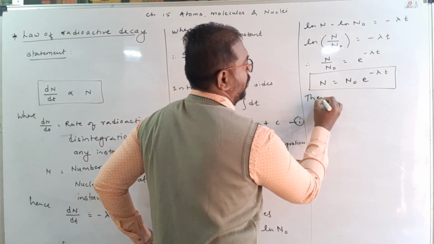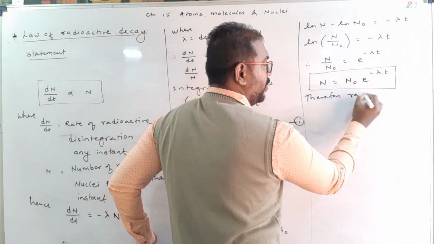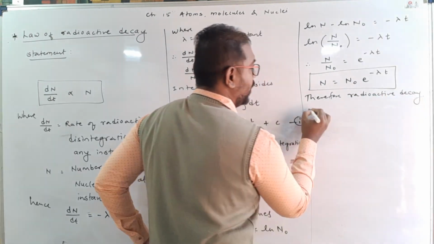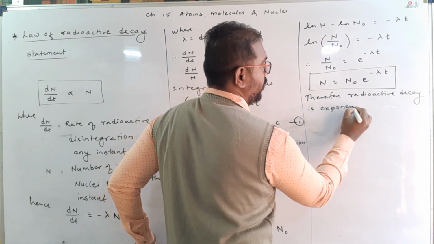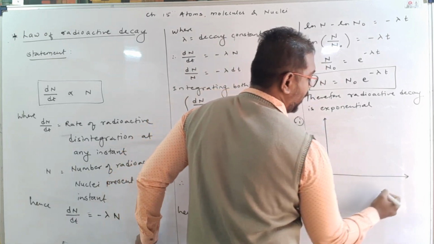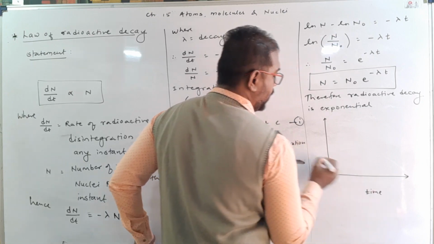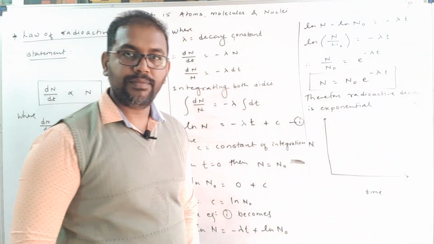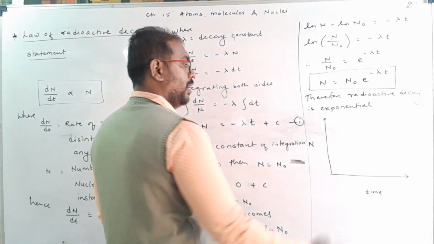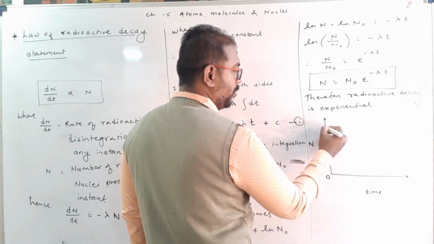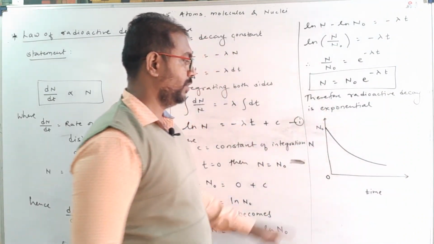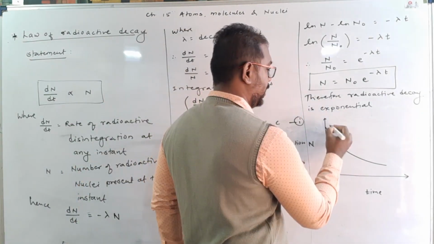Therefore, radioactive decay is exponential. If we draw a graph, with time on the x-axis and number of nuclei present on the y-axis: initially when time is 0, the number of nuclei is equal to the original number, N0.